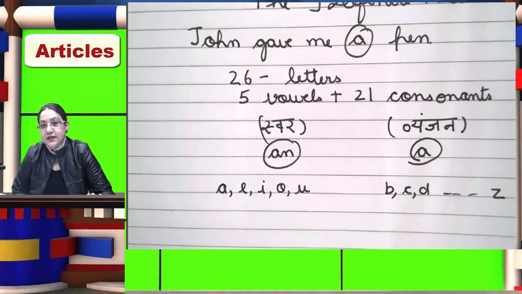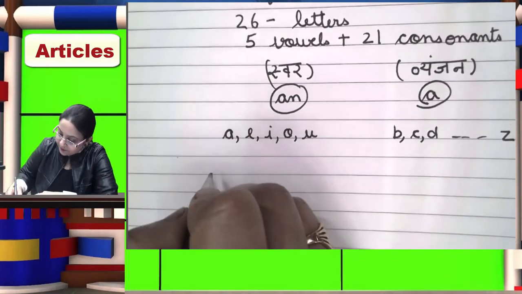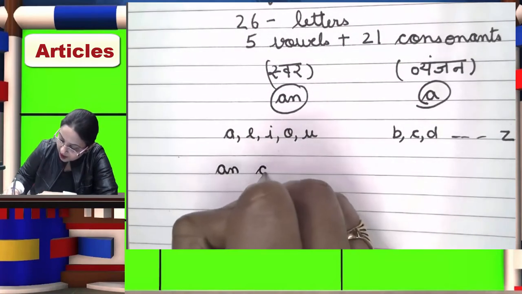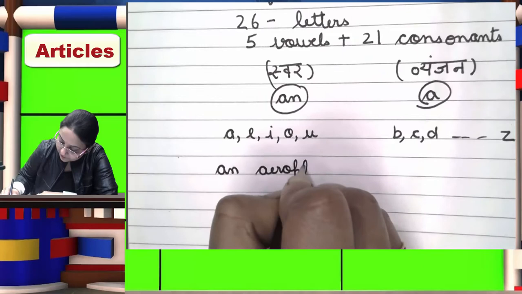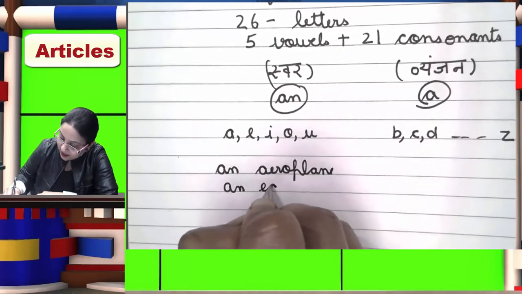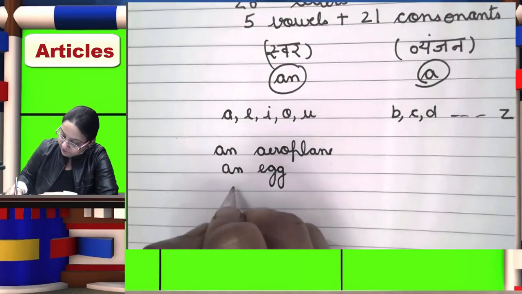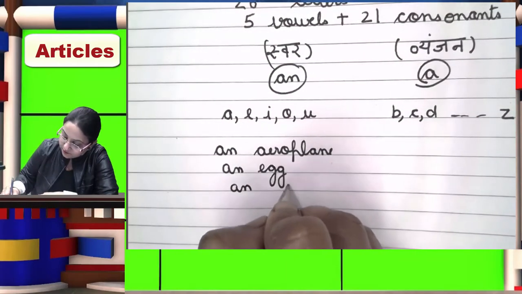But if my word starts with A, E, I, O, U, like an aeroplane, which starts with the letter A, I am going to say an aeroplane, or an egg, or an ink pot.